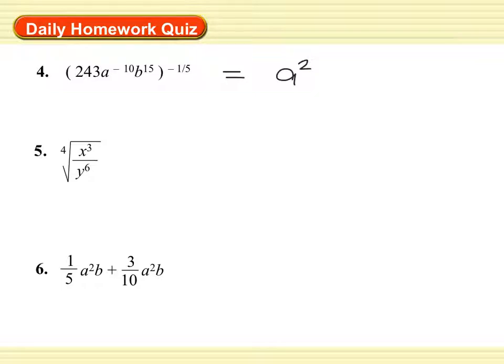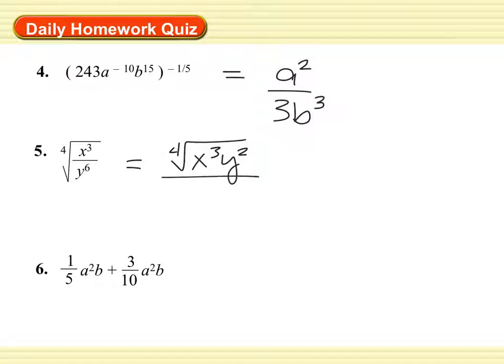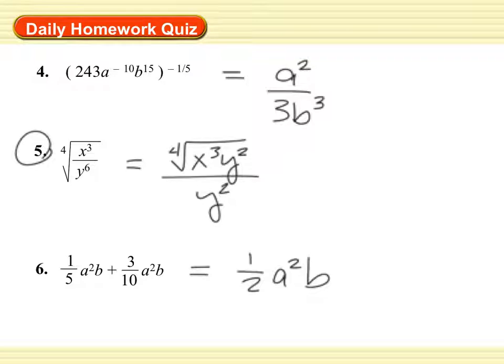A squared over 3b cubed. 4th root x cubed y squared. Y squared. These are the tricky ones, right? 1/2 a squared b.